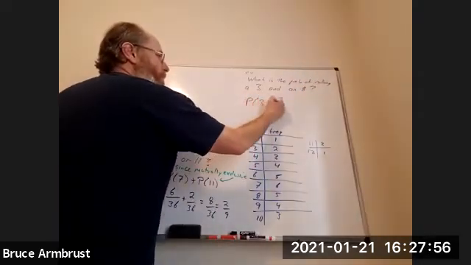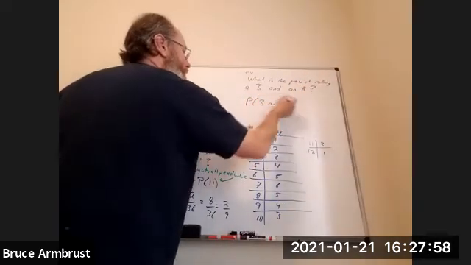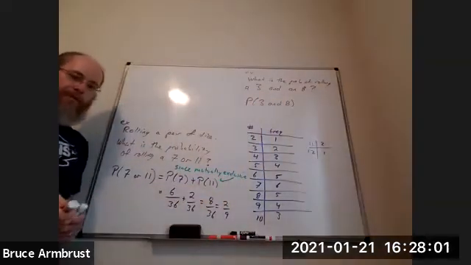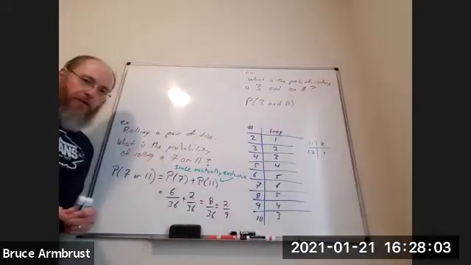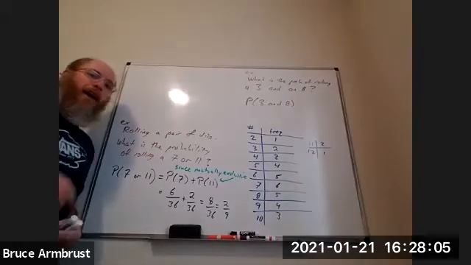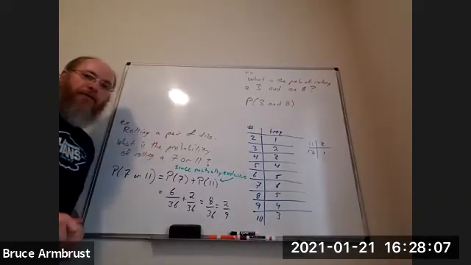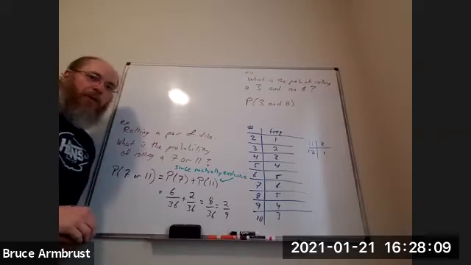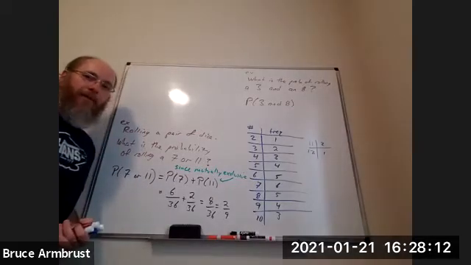Okay, so we're going to look at the probability of 3 and 8. So how likely is that? If I roll a pair of dice, how likely is it that the total will be 3 and 8 at the same time?